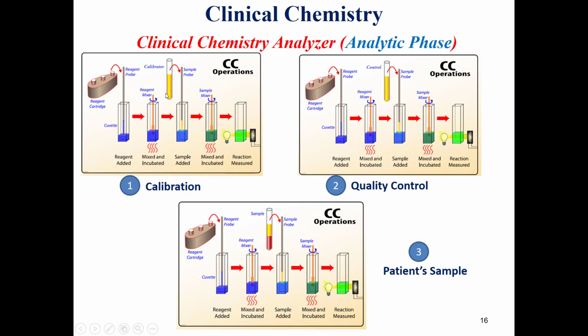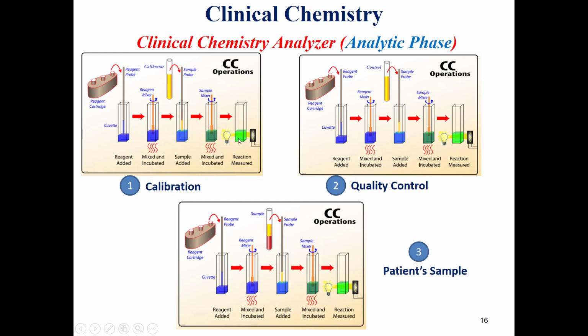In the calibration, firstly, we'll add a reagent using a reagent probe. Then we will mix this reagent and incubate it at 37 degrees. Then a calibrator will be added, also mixed and incubated.